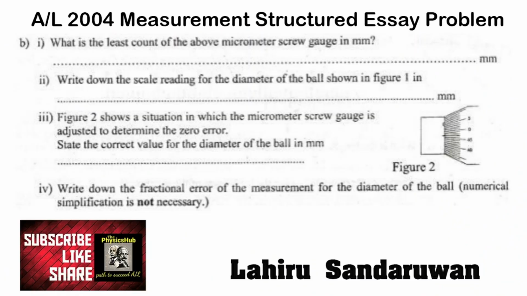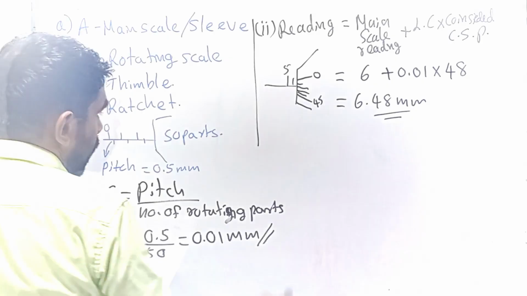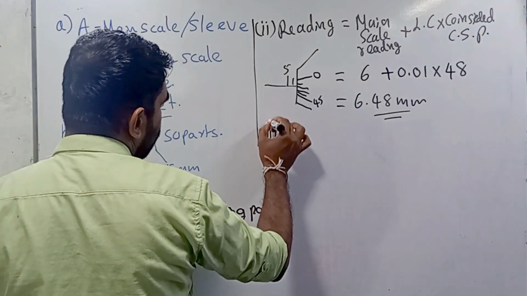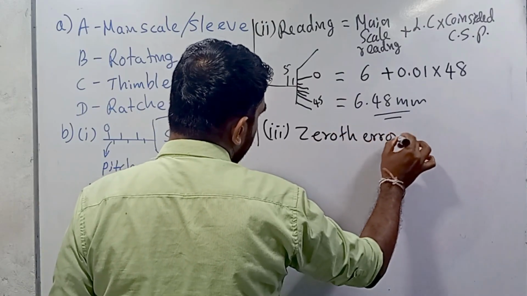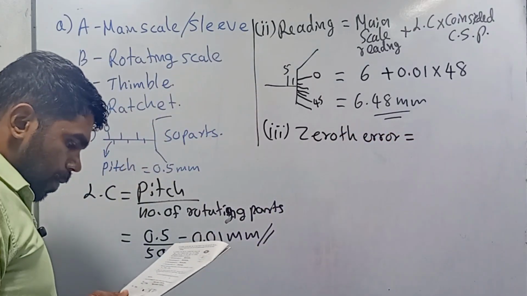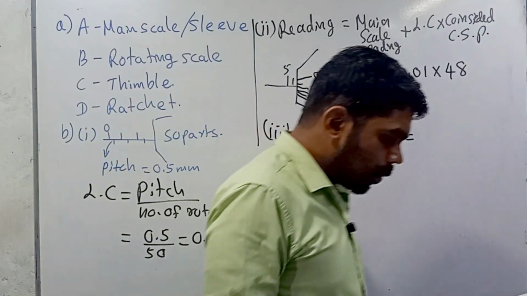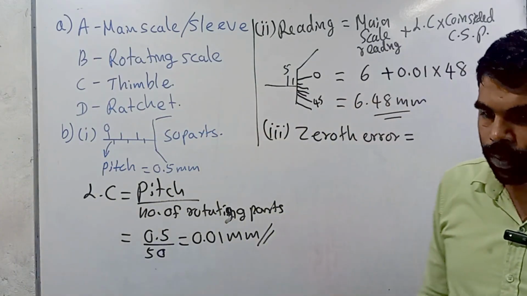Part 3. Figure 2 shows the situation in which the micrometer screw gauge is adjusted to determine the zero error. State the correct value of the diameter of the ball in millimeters. When finding the correct value, first of all we have to find the zero error. Now we have to observe figure 2.